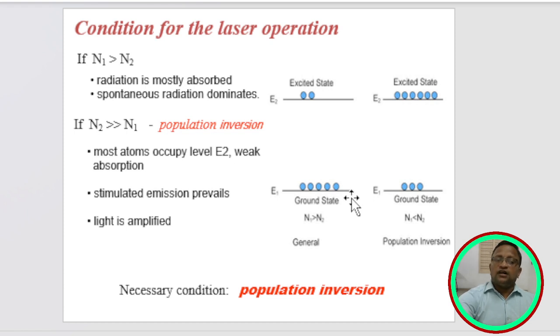So after some time, the number of atoms in the excited level becomes more. So the population, that means the total number of atoms in the excited level, is more when compared with the ground level. So the excited state consists of more atoms when compared with the ground state.